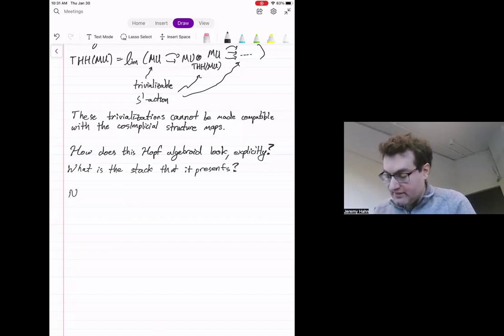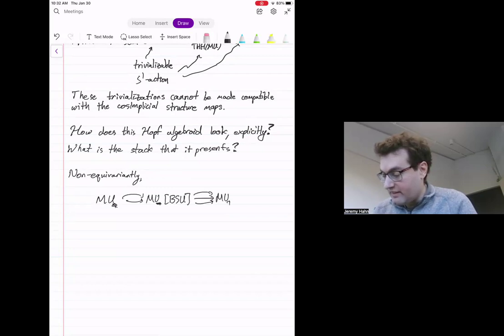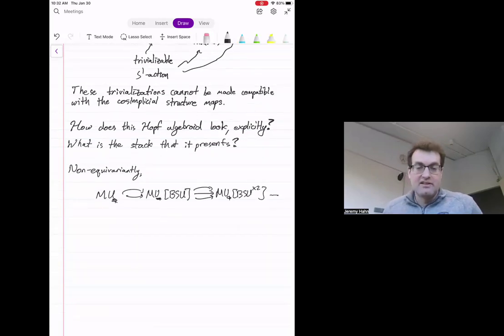So first, non-equivariantly, just as a warm-up, we're looking at a stack associated to this Hopf algebroid. We have MU star, and then we have MU star BSU, and then we have MU star BSU squared. And here the cosimplicial maps are not particularly terrifying because it's just the cobar of BSU becoming SU.